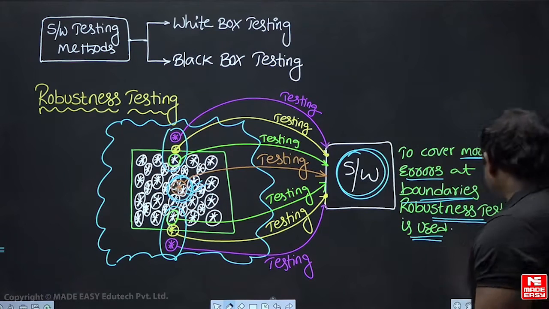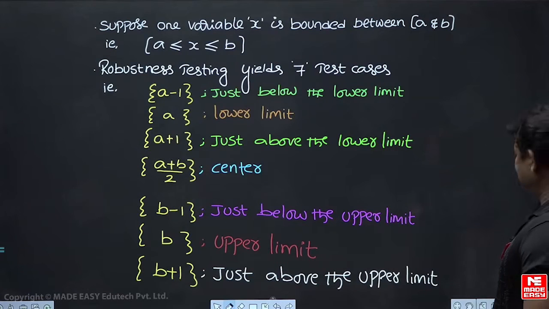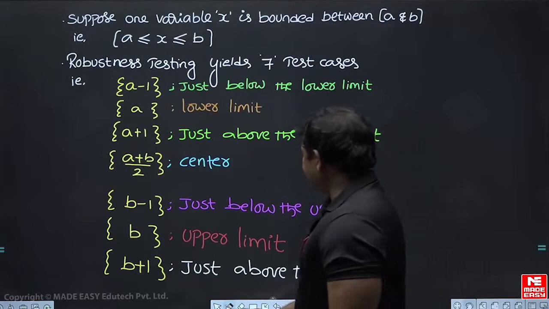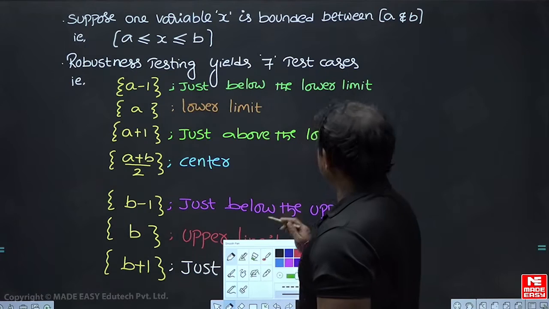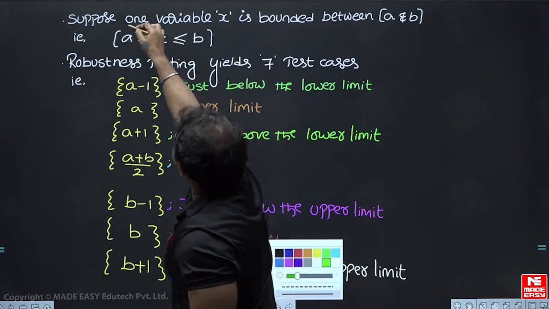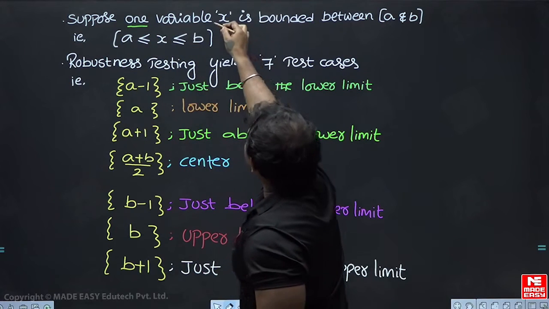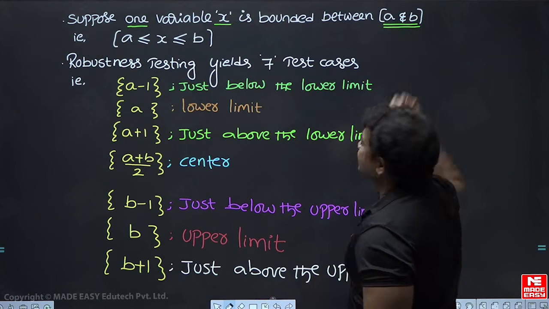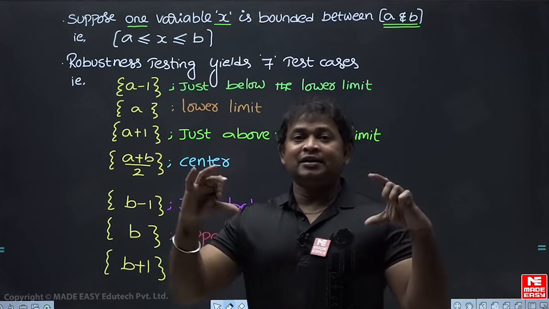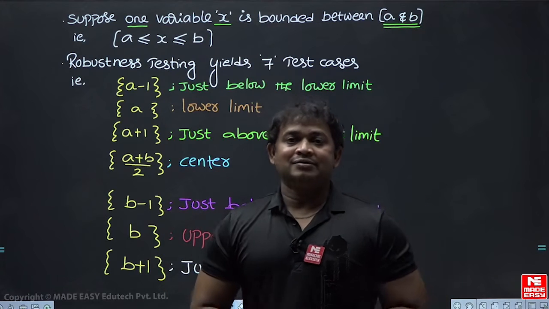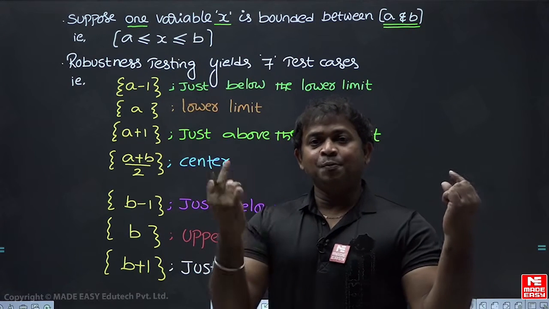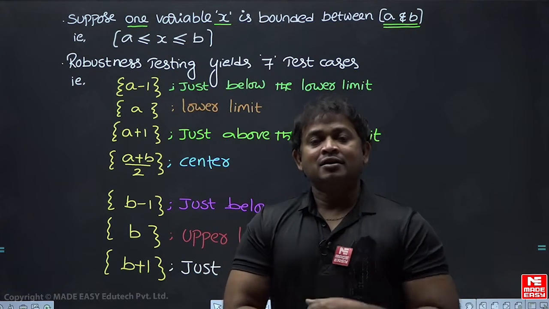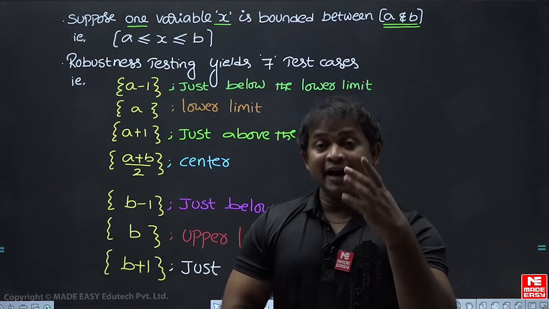Now let us see the example. Suppose there is one variable present, named x, that is bounded between A and B. A and B are the input domain boundaries. So in between A to B, data elements are accepted by the variable x.